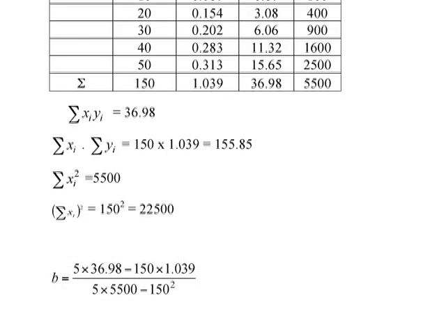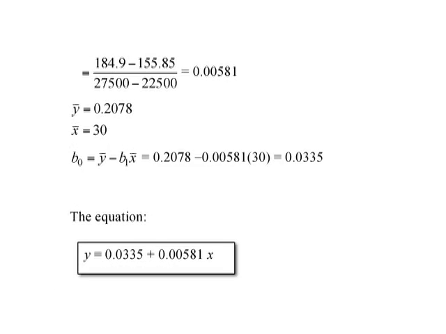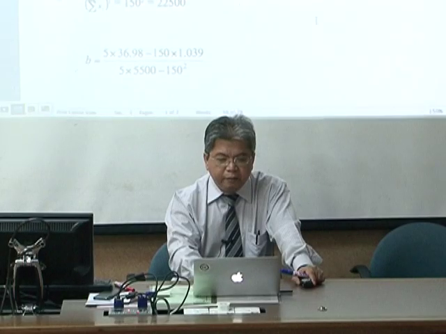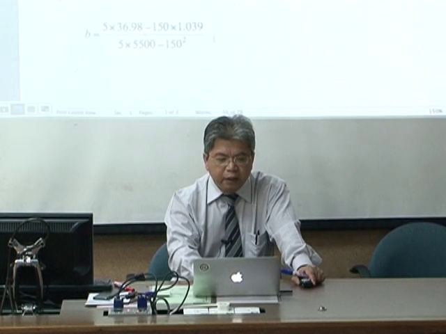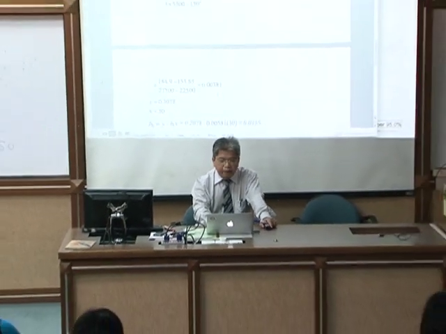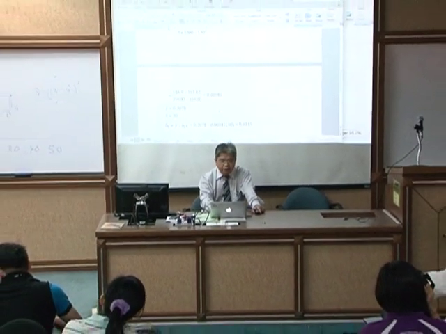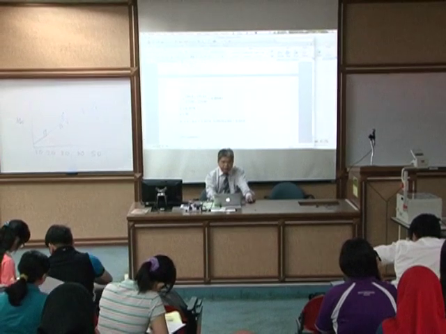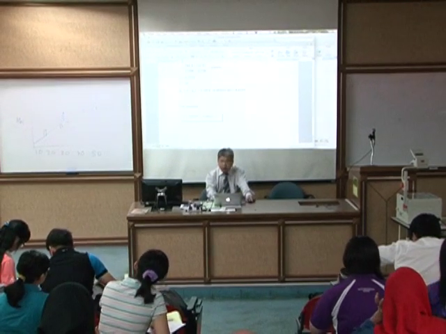We can calculate the sum of x, sum of y, sum of xy, and sum of x squared, right? We total up all this, and we get a B1 of 0.00581 and B0 of 0.035.